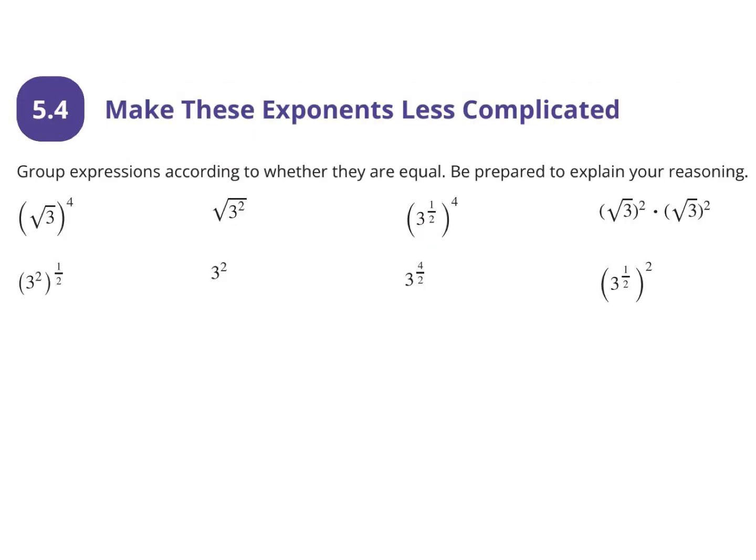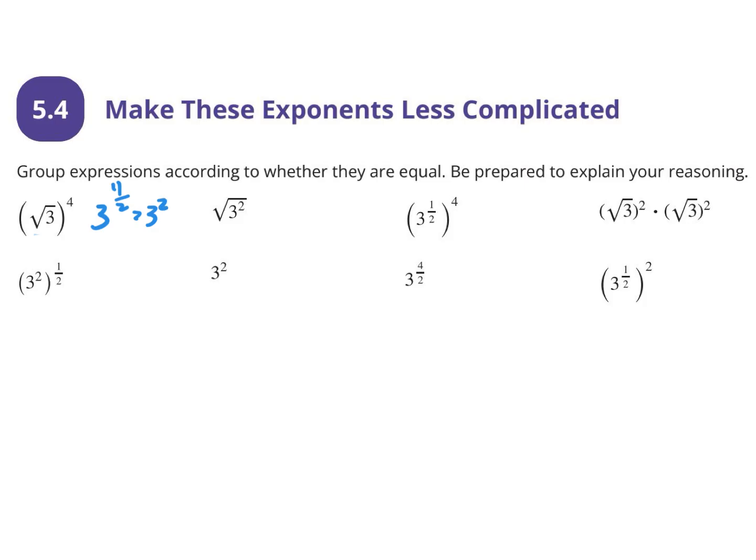Okay, here's another grouping task. So let us pick our colors. We're going to do blue. No, let's not do that. Let's evaluate these first, and then we'll come back and highlight the colors. So we know that this is 3 to the 4th squared, which is 3 squared.